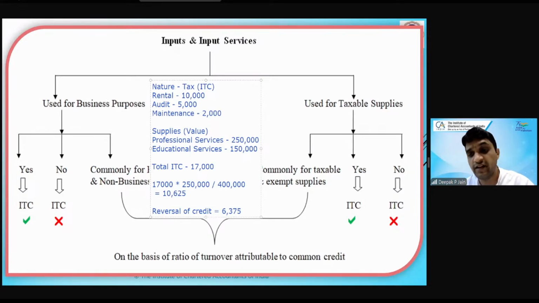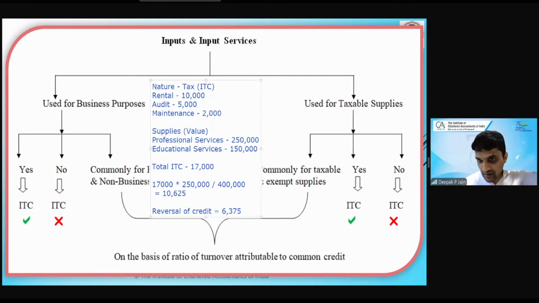Reversal means there'll be GST credit? No. Having credit is having credit. Reversing, not taking the credit, is called reversal. Correct.